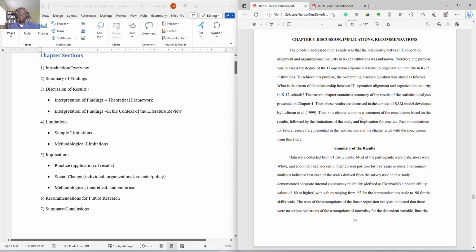Contains a summary of results of the statistical analysis. Then these results are discussed in the context of the SAM model developed by Lefman, right? So the discussion of interpretation of a theoretical framework. Then the chapter contains a statement of conclusions based on the results, followed by the limitations, and implications, okay, and then recommendations for future research, and then concludes with a summary.